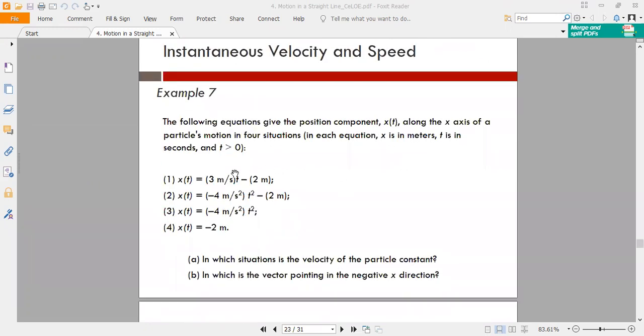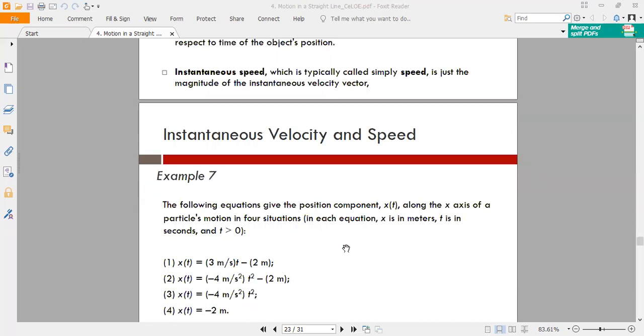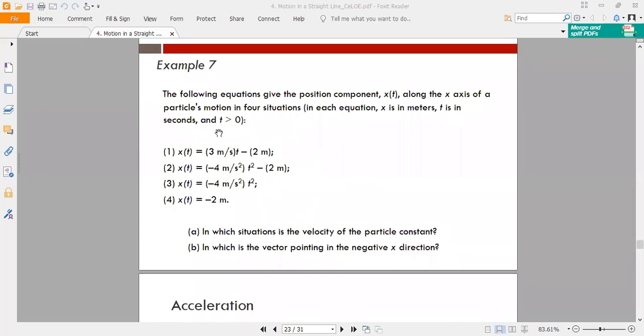Here we have four equations, and we want to find the instantaneous velocity. We have learned that the instantaneous velocity is equal to the first derivative of x over t.